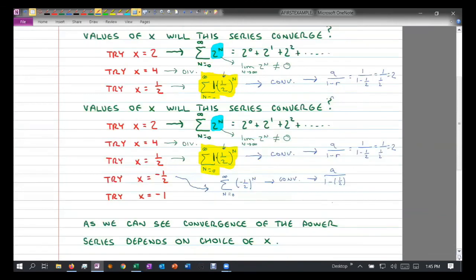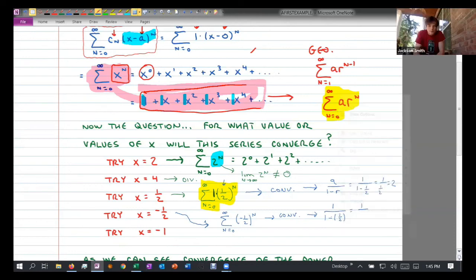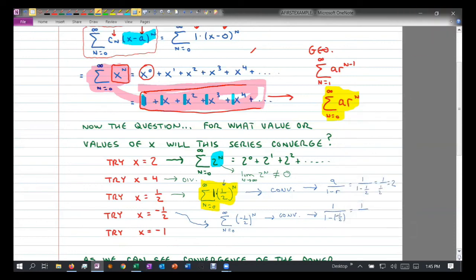Sorry about that. So this is 1 over 1 minus negative a half, which is 1 over 3 halves, which is 2/3. What about a negative 1?